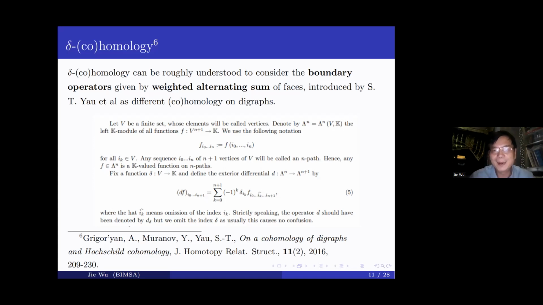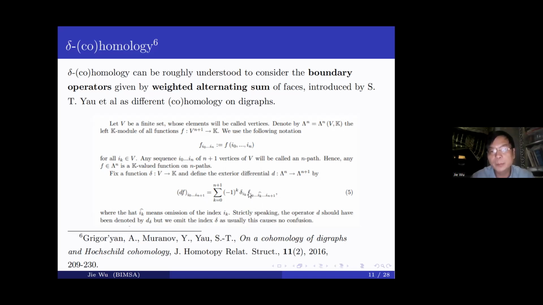The point is that in simplicial homology, whether homology or cohomology, you take the alternating sum of the faces.